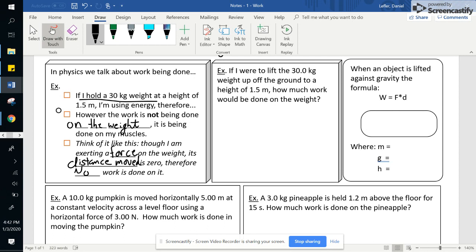That is the big thing with this, is your force and distance need to be in the same direction.